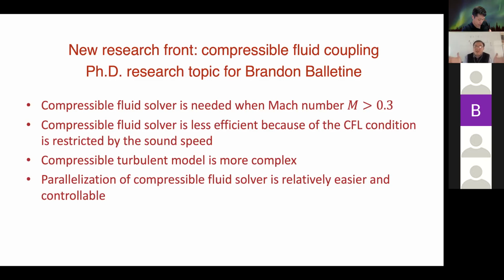You make them into matrices and you use the hypre solver. The hypre solver is not developed by us, so we depend on their parallelization, and if they cannot increase the efficiency, we cannot either. But for the compressible fluid solver, it is explicit, therefore we have full control of the parallelization. Also, we know how to parallelize the compressible fluid solver very well.